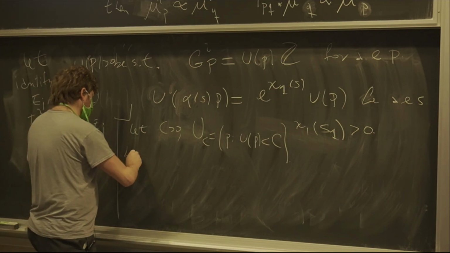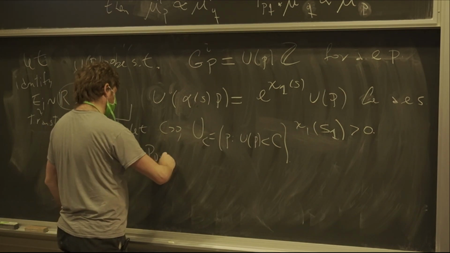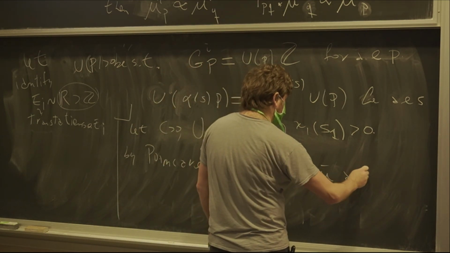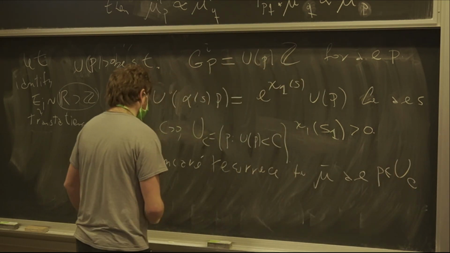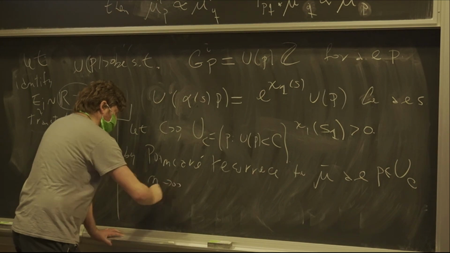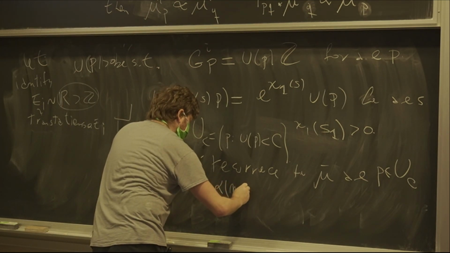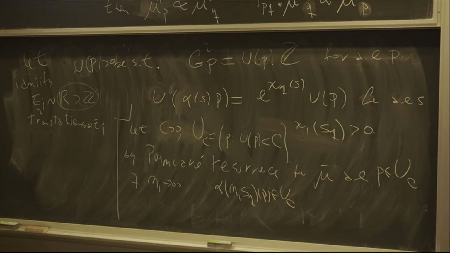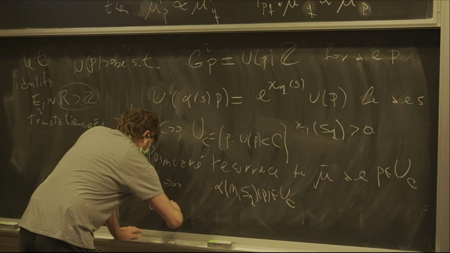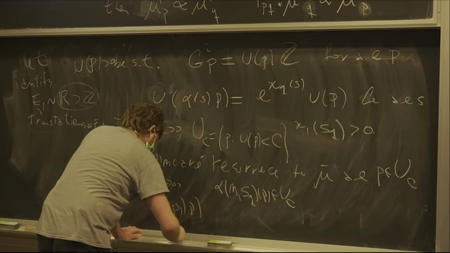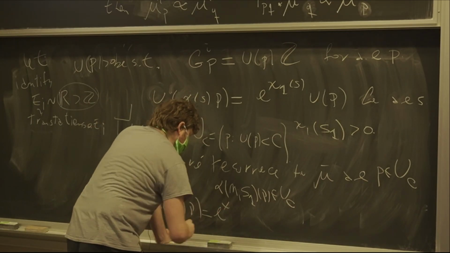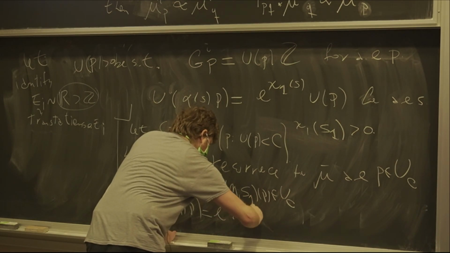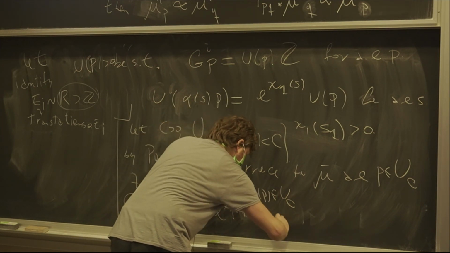And then by Poincaré recurrence, for mu bar almost every p in UC, there exists ni going to infinity so that alpha ni times S1 of p belongs to UC, and hence U of alpha ni S1 of p is smaller than c, but this is e to the chi 1 S1 ni times u of p.